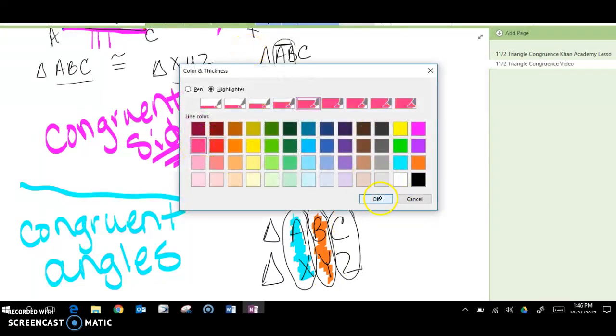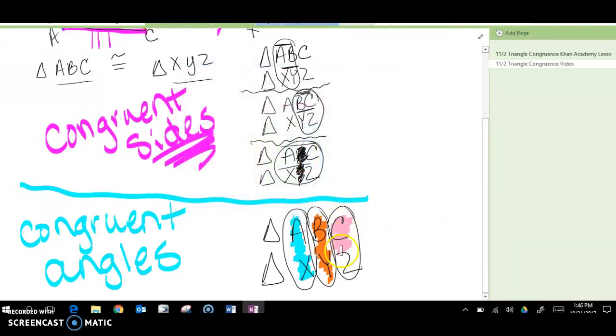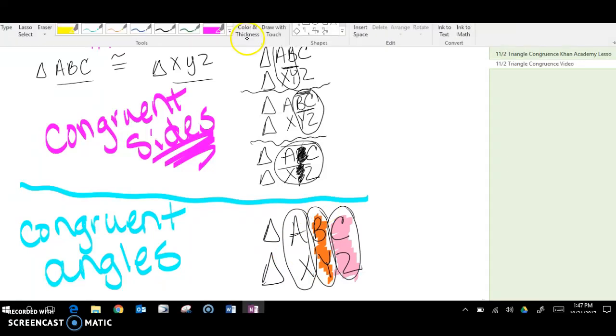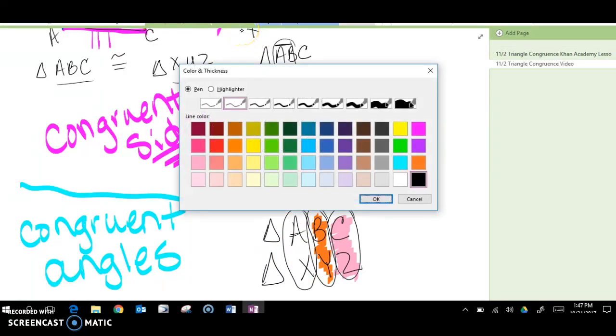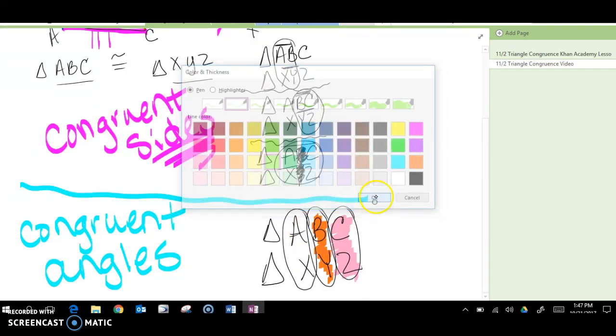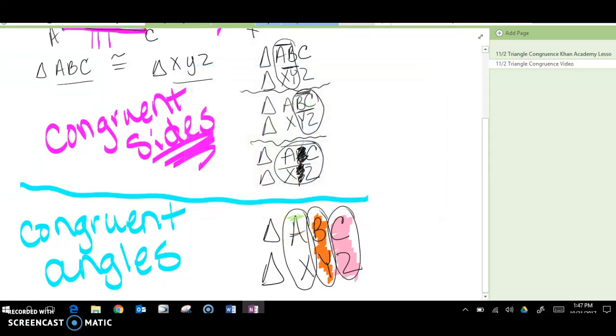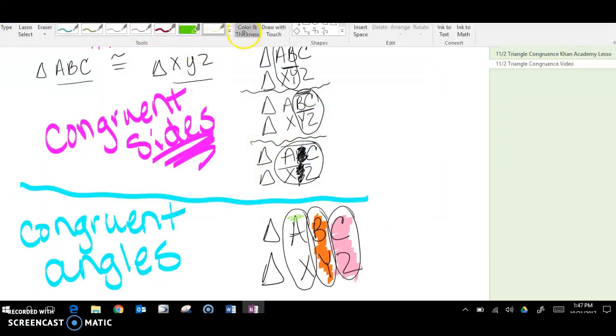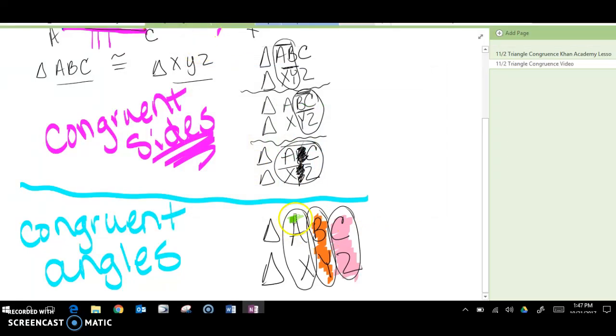Why not? C and Z. And let's change this one to a different color as well, and we'll use green. Get it to be a highlighter. And there we have the green.